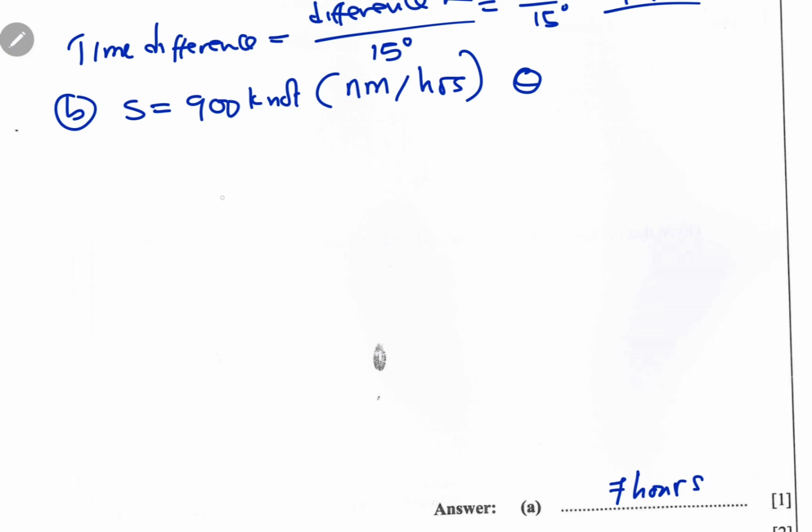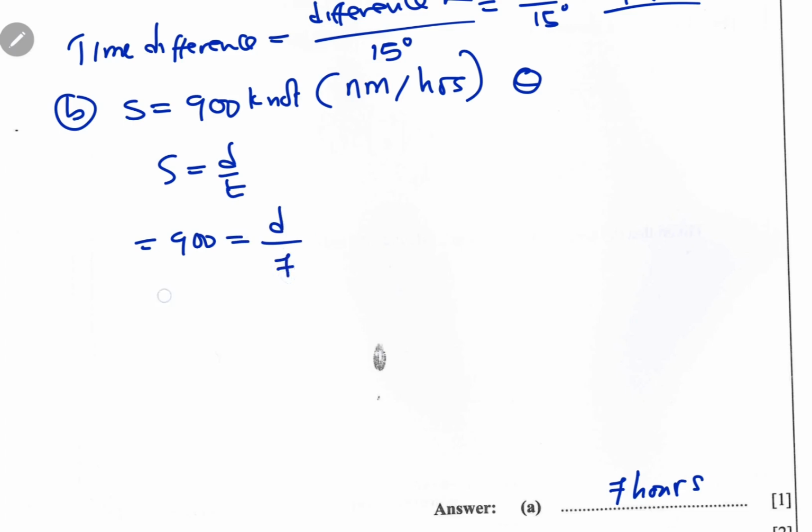So what do you do? First, we are going to find the distance. Speed is equal to distance over time. What is our speed? Our speed is 900 knots. What is our distance? We do not have it. What is our time?